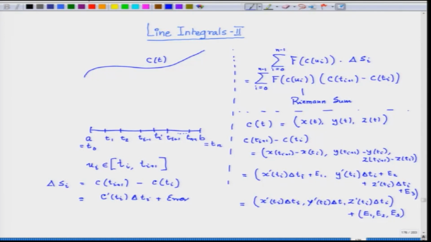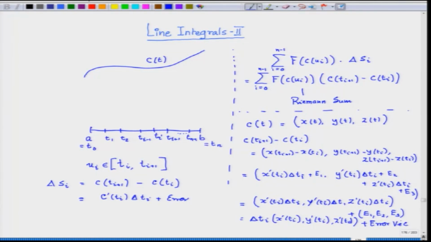Now, if I take the delta Ti outside, scalar multiplication of vector, this is nothing but x dash Ti, y dash Ti, z dash Ti plus the error vector.